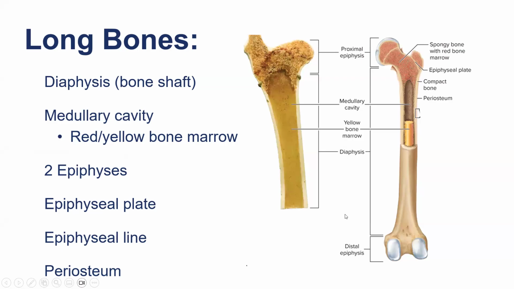Kids have a lot more red bone marrow everywhere because they're still building up their total blood volume. As adults, we need to recycle red blood cells and be able to make new blood cells, but we don't need quite as much. So we find most of our red bone marrow in our flat bones. Some will be tucked in the spongy bone portions of the long bones, but most of our bone marrow then becomes yellow bone marrow.